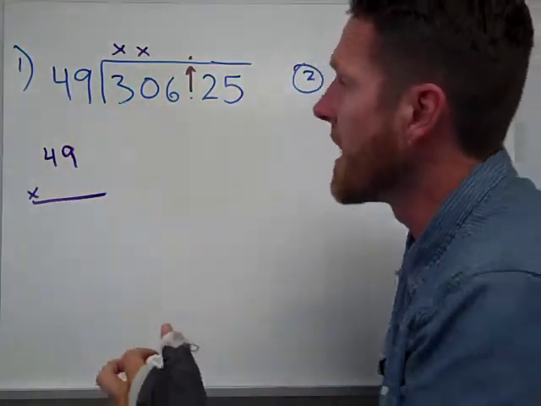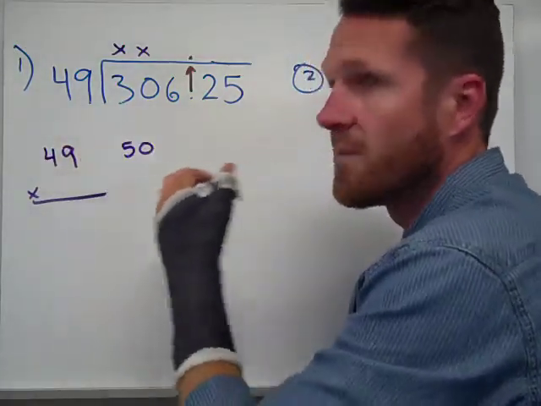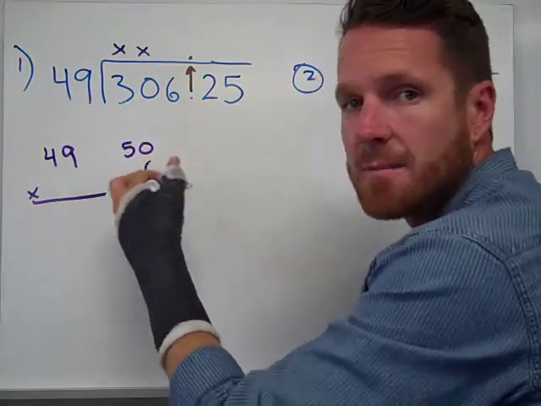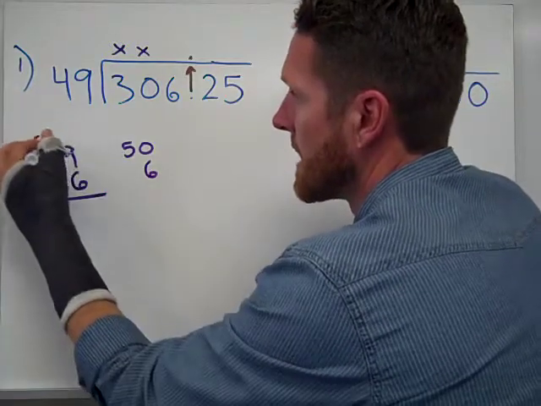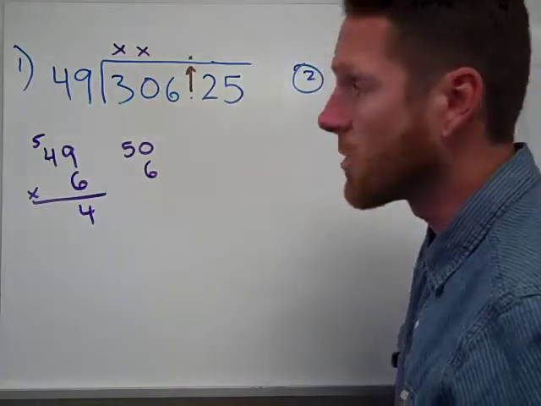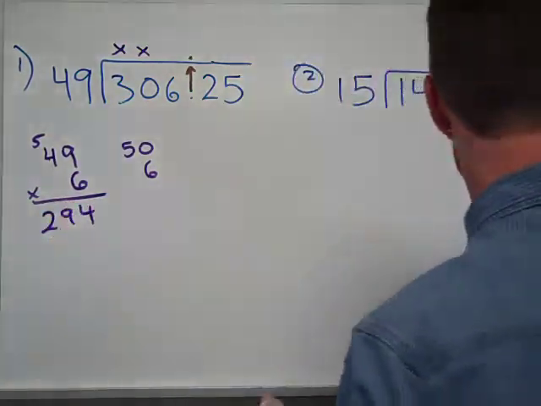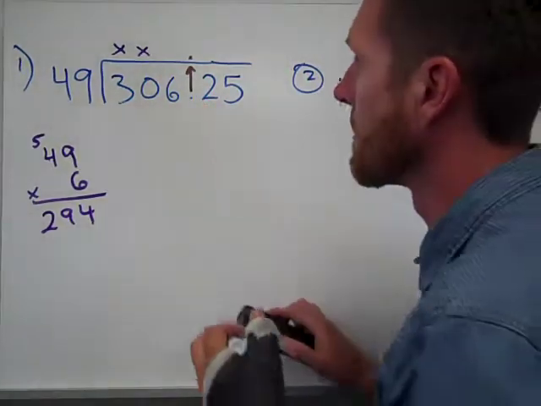Think about it: 49 is really close to 50. So what would 50 have to multiply by to get close to 300? 6, right? Because 5 times 6 equals 30. So let's do 6. 6 times 9, 54. 6 times 4 is 24, plus 5, 294. That's going to be closest without going over.